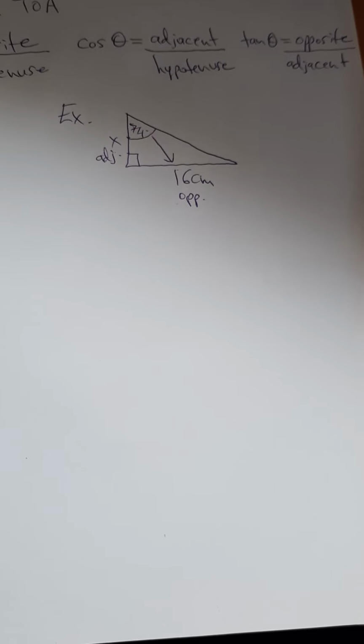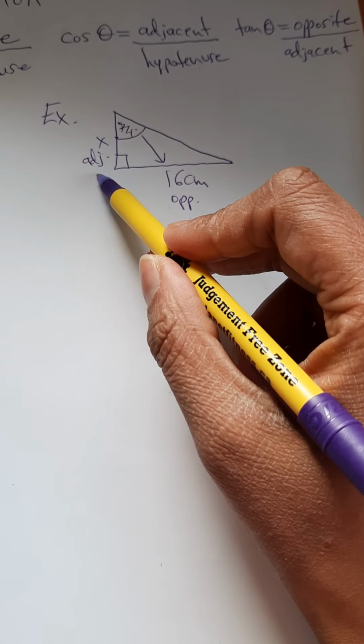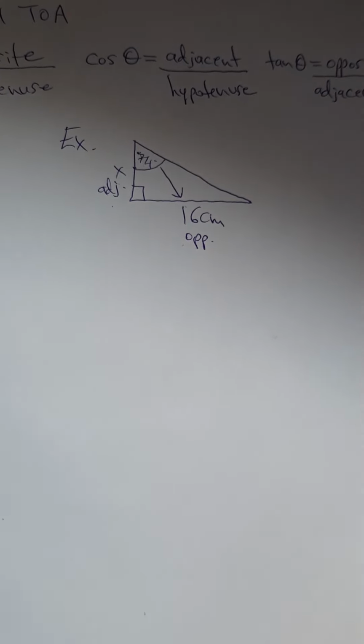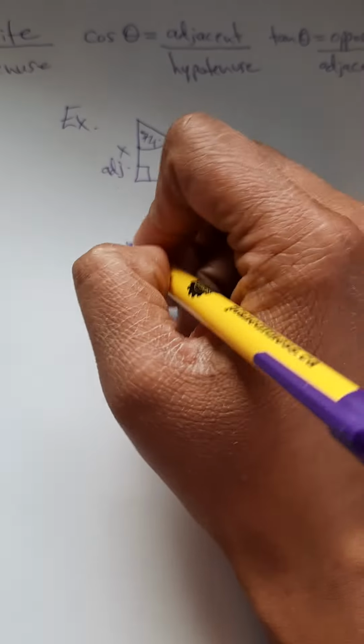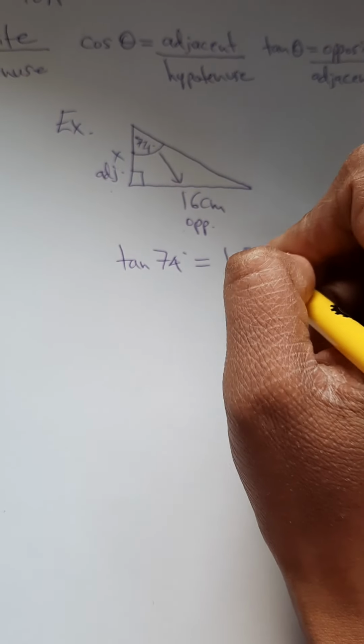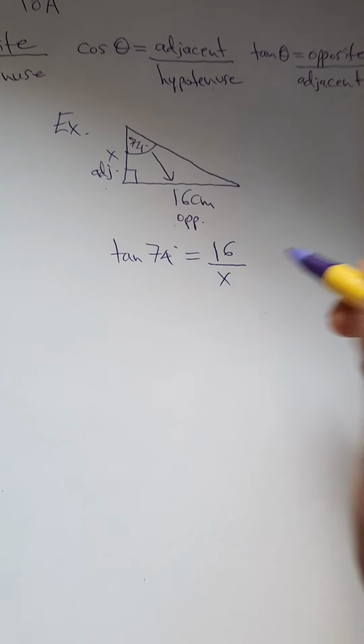I notice that the hypotenuse is not given in this question, so I don't need to use it. I'm using the opposite side and the adjacent side. If you look right here, I see it is tan theta that we're going to use here. So it's going to be tan of 74 degrees equals opposite 16 over the adjacent, which is x.